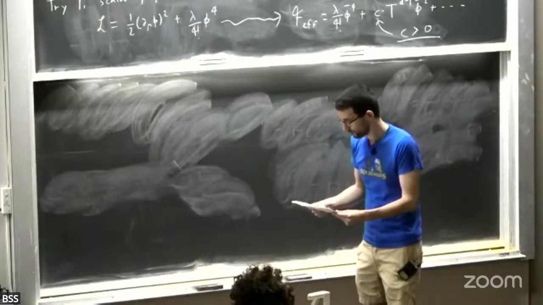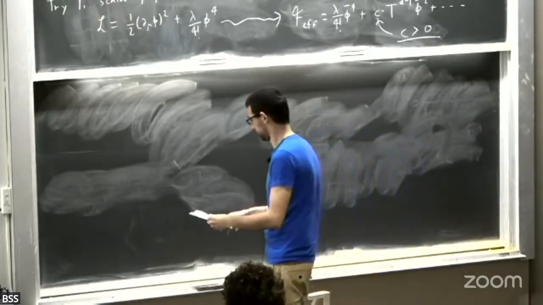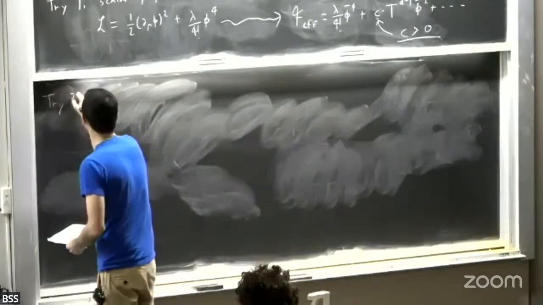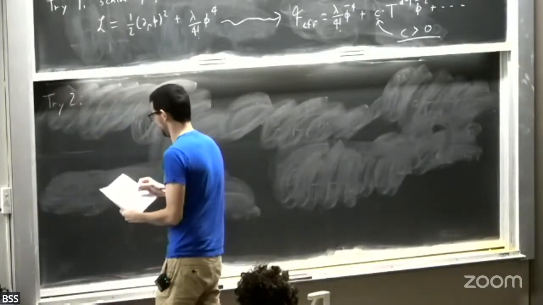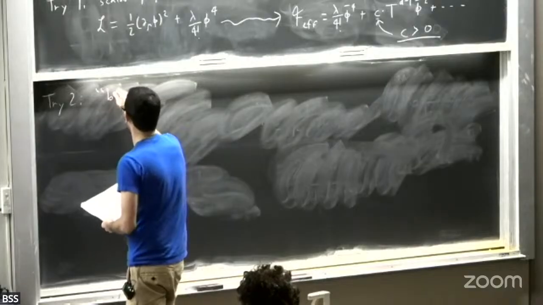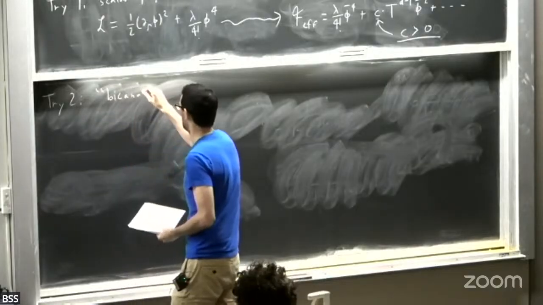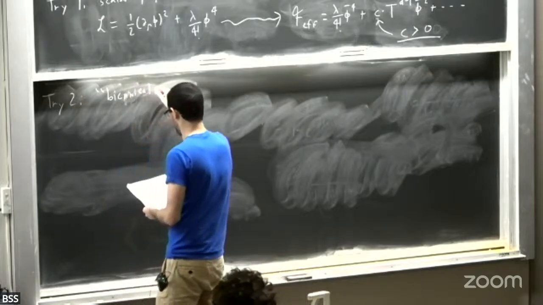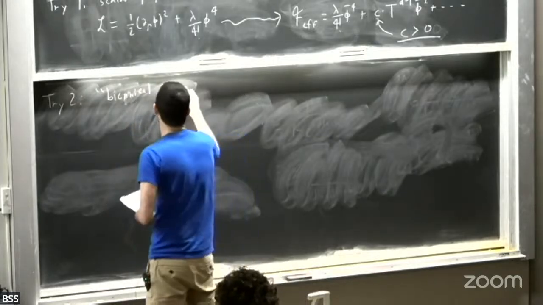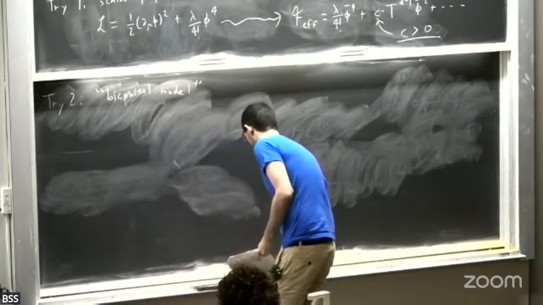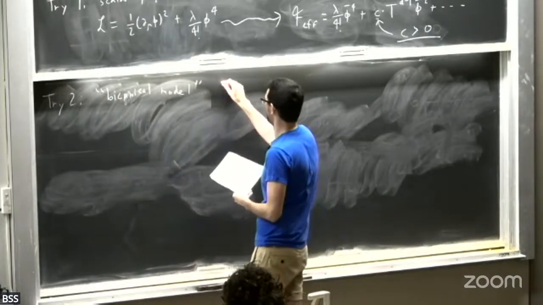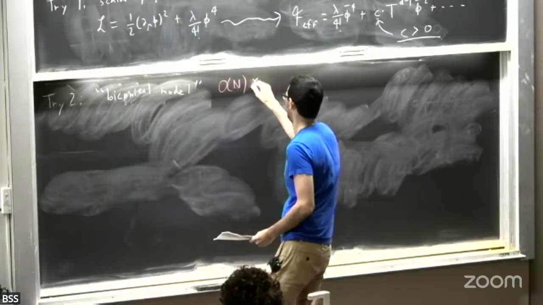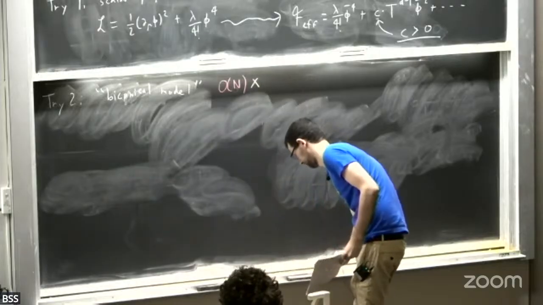Let me give you a cartoon example of this. So more successful try number 2 will be what's called the biconical model. This is going to be an O(N) cross Z2 symmetric field theory.